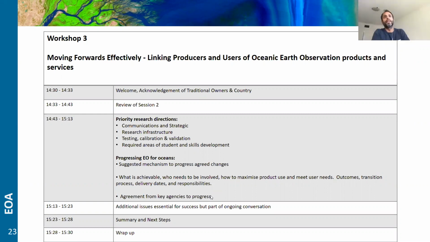Stuart, I had a quick comment, but not related to the current topic that we are discussing. Just before that, when we talk about research infrastructure, calibration and validation, etc., I also have a feeling that there is less appetite for investment in Australia in algorithm development for Earth observation data sets.